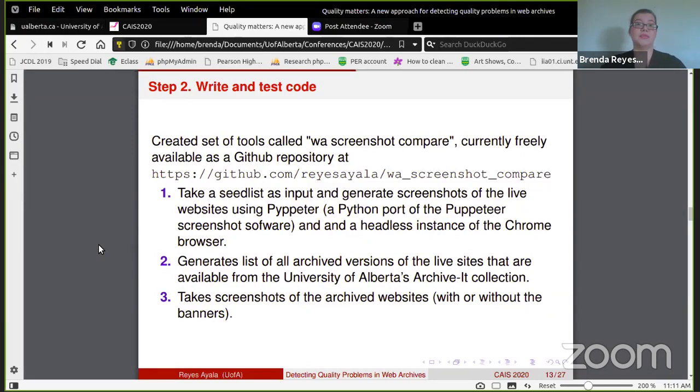What it does is it creates a seed list. It takes a list of URLs as input, and it goes through all the URLs. It goes to the archive version, and it takes a screenshot using a headless instance of the Chrome browser and Pyppeteer, which is the Python port of the Puppeteer screenshot software. It generates a list of all the archive versions of the live sites, and it takes screenshots.